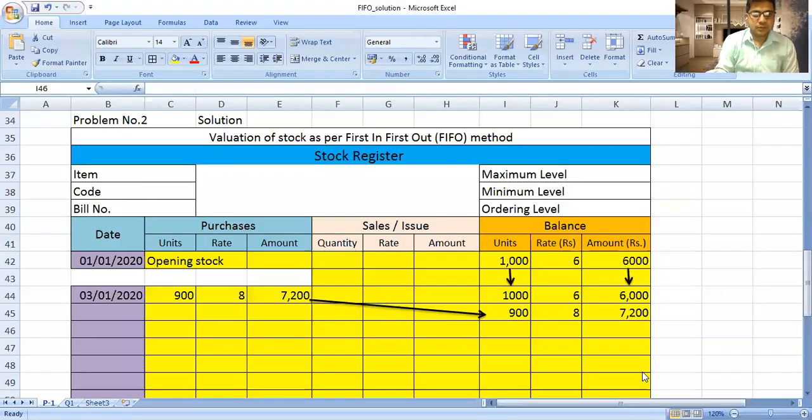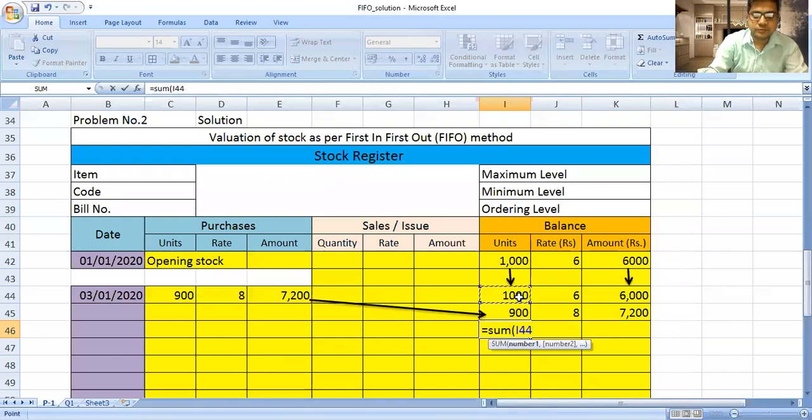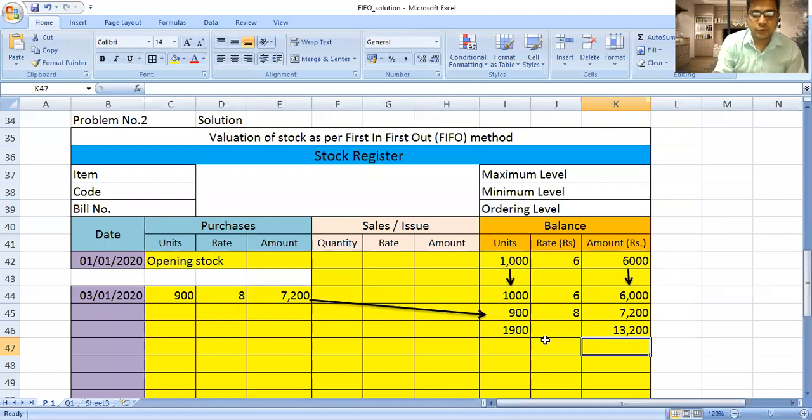So friends, whatever purchases there are on 3rd January, we have to keep as they are: 900 units, 8 per unit, 7,200. Now we have to find out the total. 1000 plus 900, total 1900, and total value 6,000 plus 7,200, total 13,200.